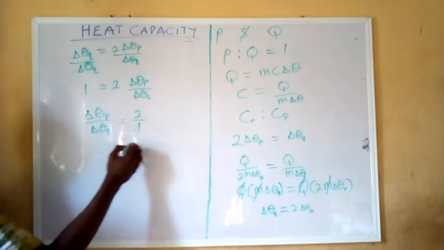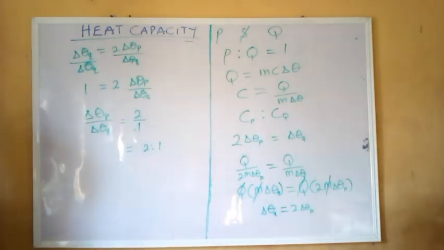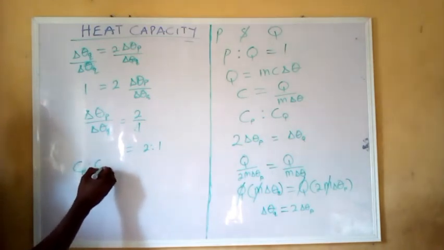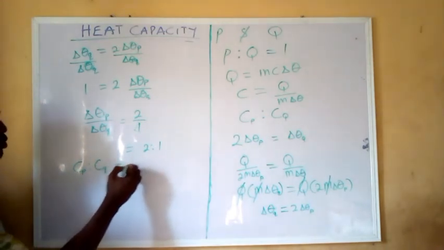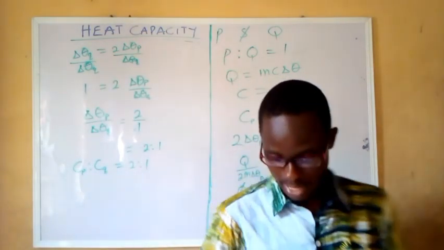So the ratio is going to be what? 2:1. So the ratio of their specific heat capacity Cp to that of Cq is equal to 2:1. So we have easily determined that.